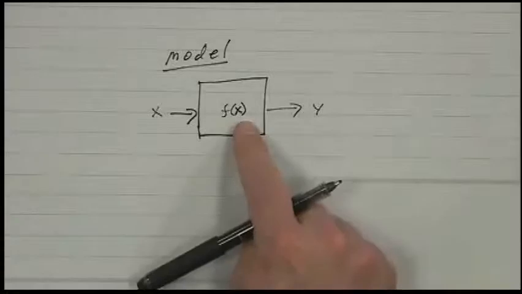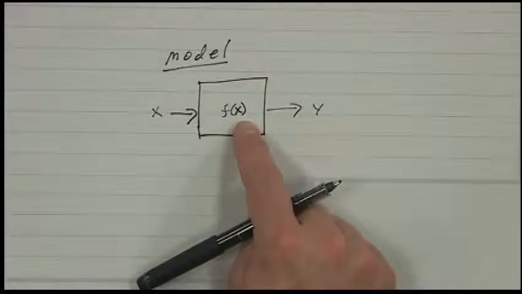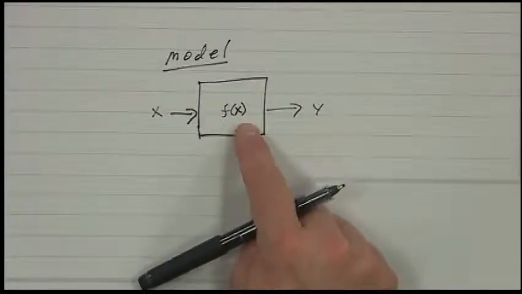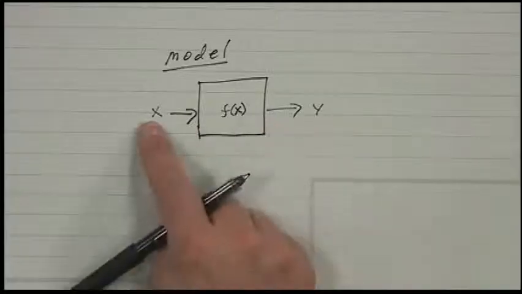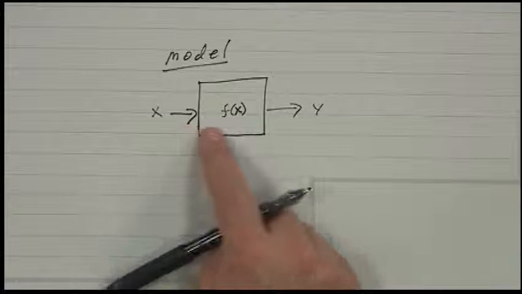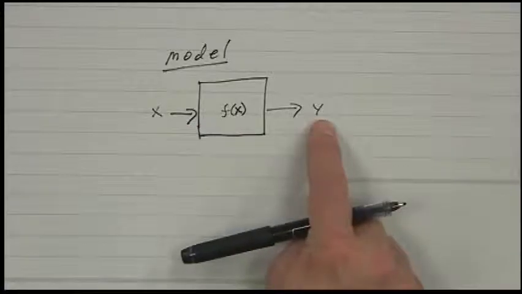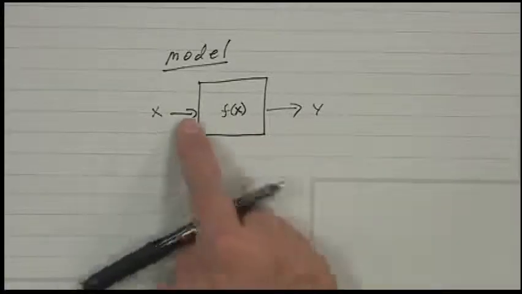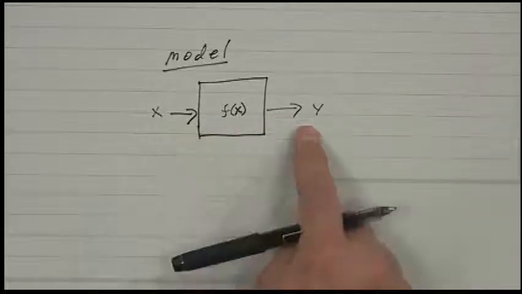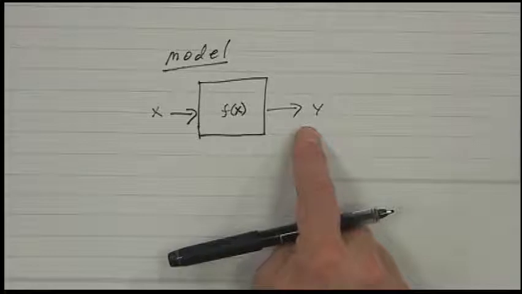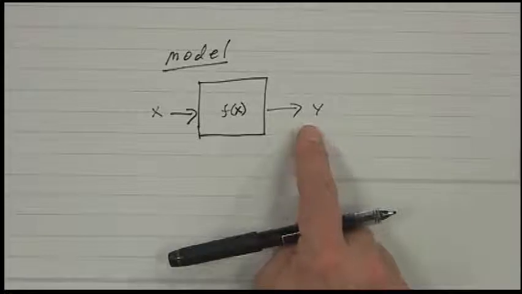But one fundamental deficiency is that in real life, the output is not always just a deterministic function of the input. In fact, in real life, the output is almost never a deterministic function of the input. There's usually some kind of noise or uncertainty. One of my favorite analogies is parents.